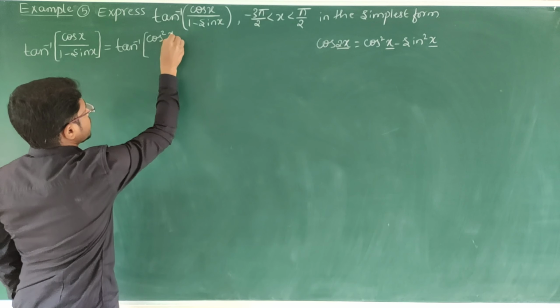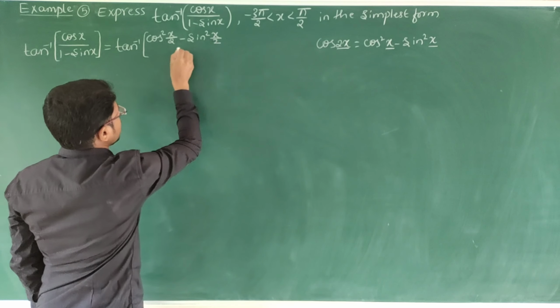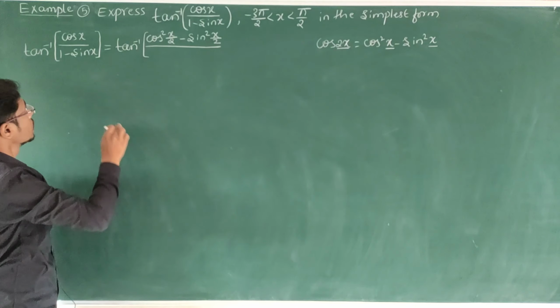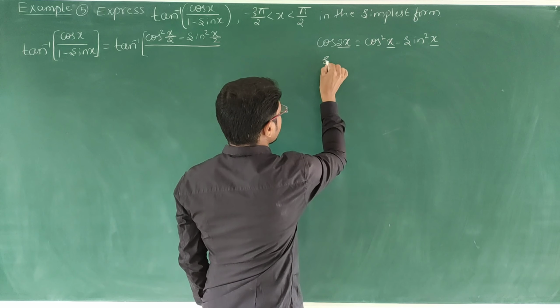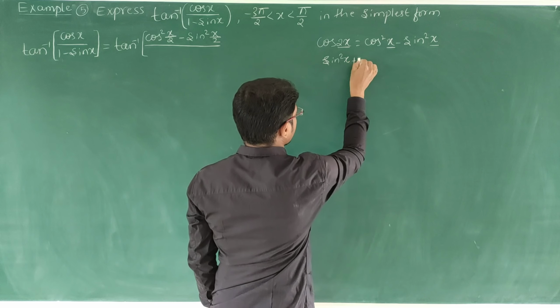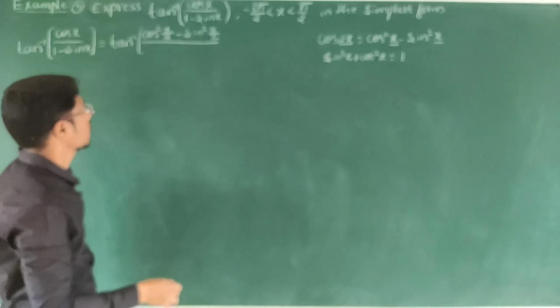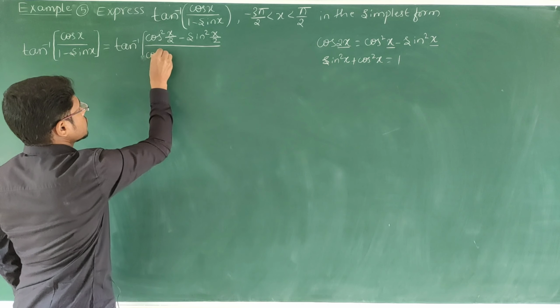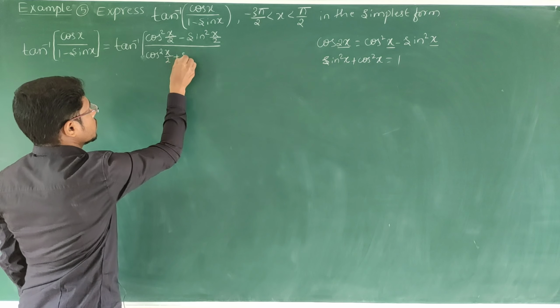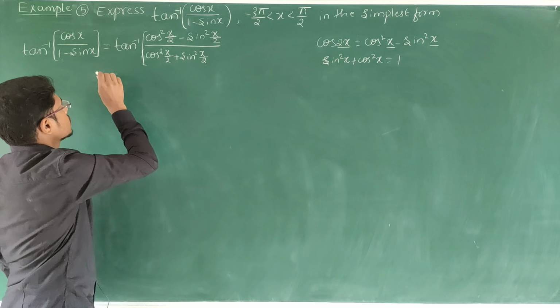Cos square x by 2 minus sin square x by 2, divided by 1. In the place of 1 I will write, so we know sin square x plus cos square x equal to 1. Here I wrote x by 2 in the numerator, so here also I will use the angle x by 2, that is cos square x by 2 plus sin square x by 2 is equal to 1.